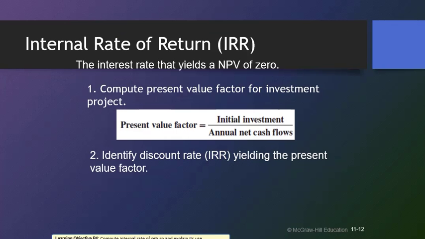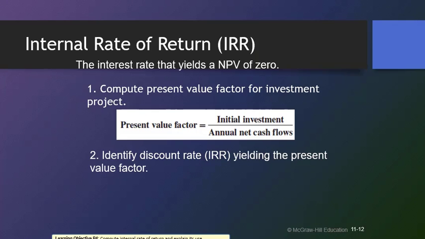Okay. Internal rate of return is fairly similar to that, except we kind of back into what we're looking for. In this case, we are going to take the present value factor equals the initial investment divided by the annual net cash flows, and then we are going to identify the discount rate yielding that present value factor.